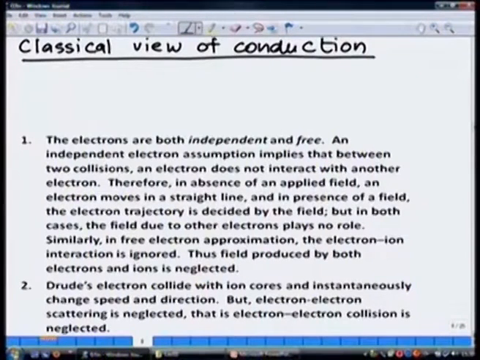Now imagine at the turn of the 20th century, in 1897, J. J. Thomson had discovered the electron already; the electron was already known.